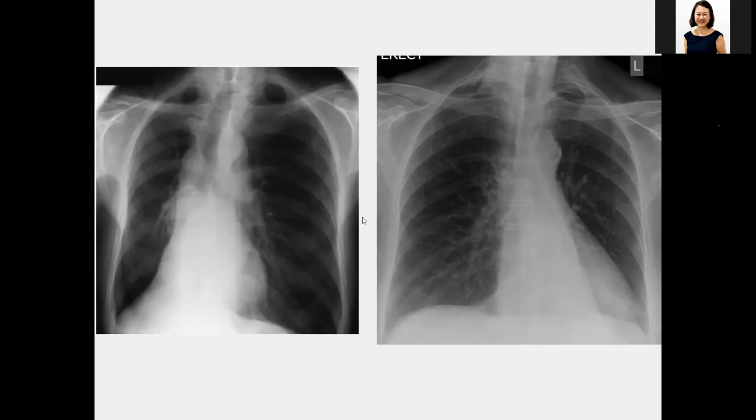Somebody said tension pneumothorax. Claire said that, Joni said that. Lee said right middle lobe collapse. So we have more and more saying right lower lobe collapse. Yeah, my questions are very easy. We are always pairing right and left.